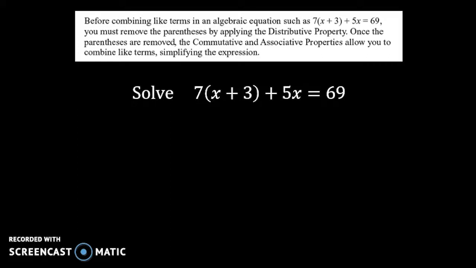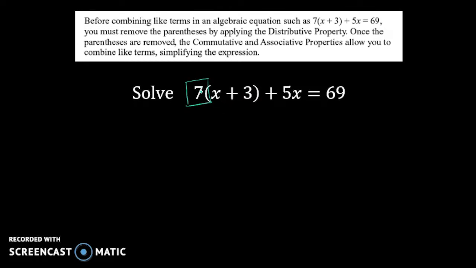Okay, then moving on. It says before combining like terms in an algebraic equation, such as 7 times (x + 3) + 5x = 69, you must remove the parentheses. So this is where we're going to use the distributive property that we're probably a little bit more familiar with. The first thing we have to do before we can solve this equation is distribute this 7 to get rid of the parentheses.